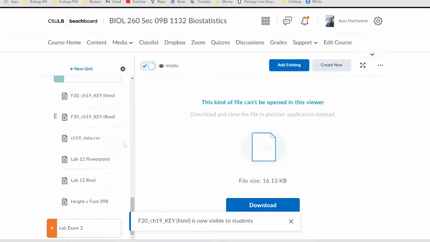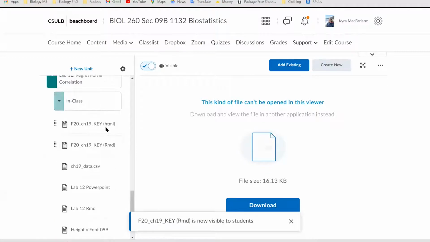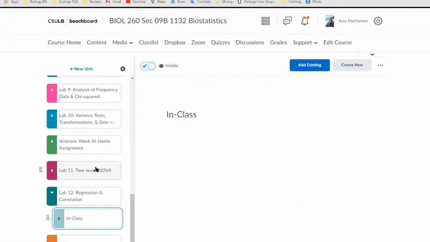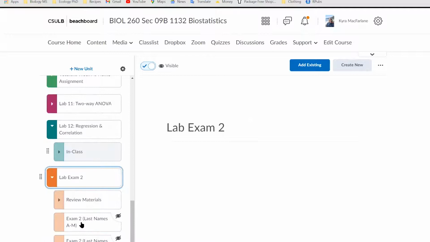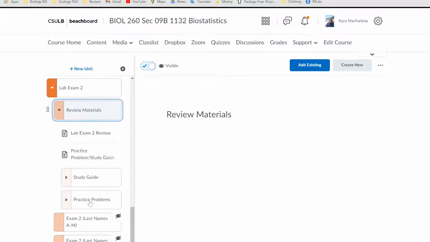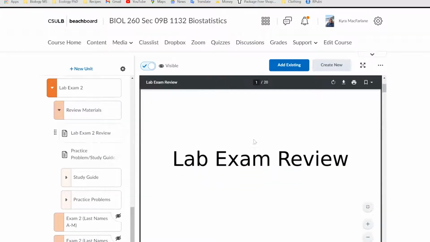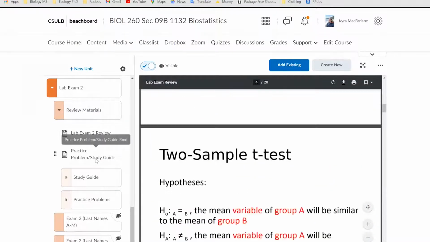You don't have any other homework assignments. You're done with homework. Underneath lab 12, you have a lab exam 2 section now, and I have this tab visible to you for review materials. So the lab exam 2 review is the PowerPoint. We can go through that now.